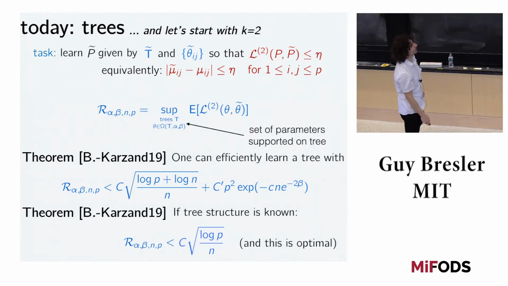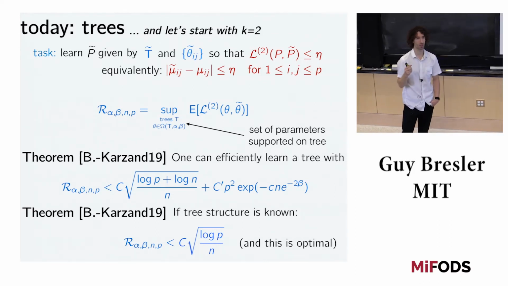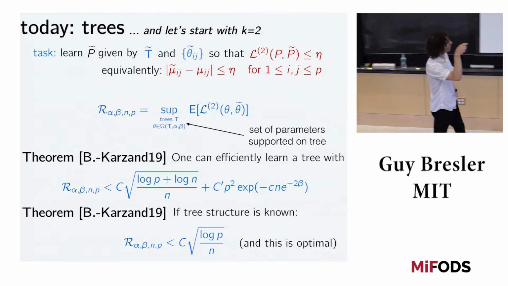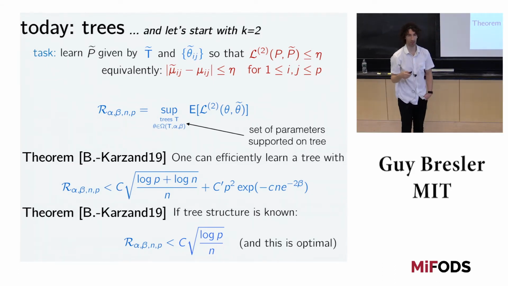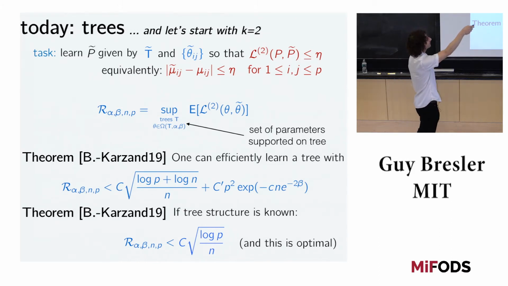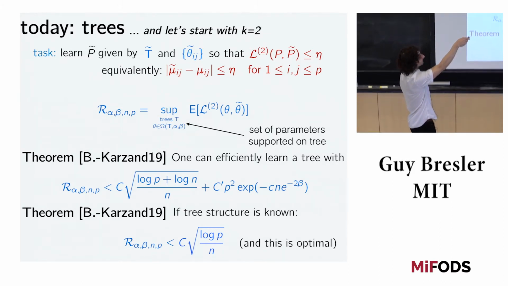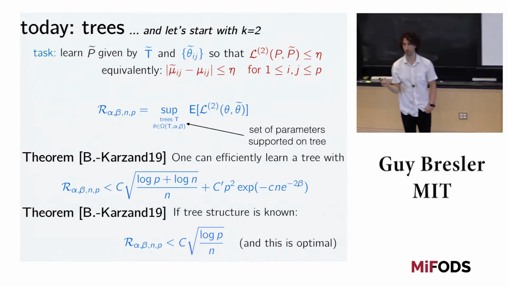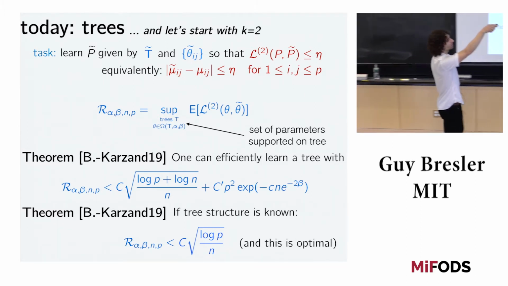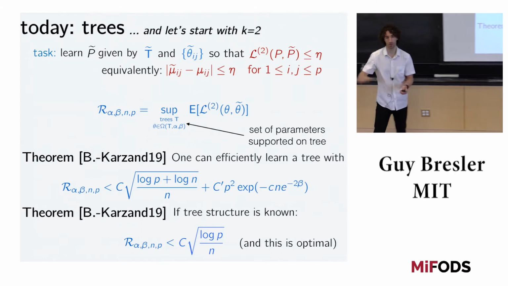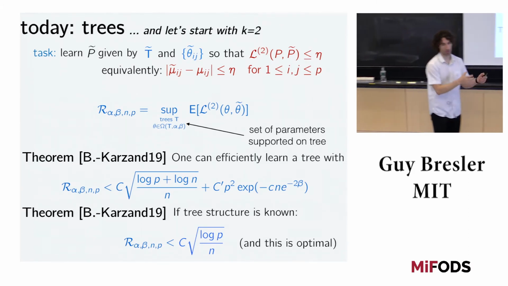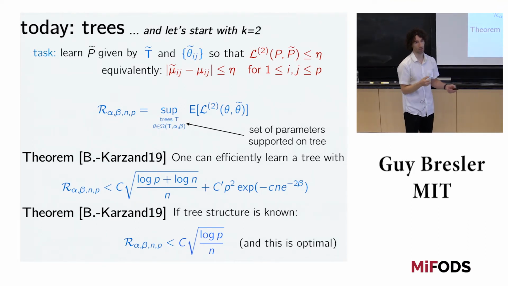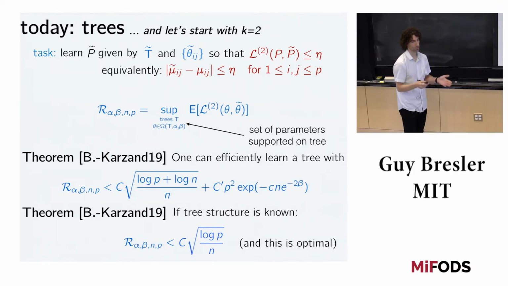In particular, in the zero external field case, so the theta_i parameters are 0, the whole problem of the local total variation of order 2 being within eta can be restated much more simply as asking that the correlations in the estimated model are within eta of the true correlations. Okay, so you observe data from some tree structured Ising model. You have some correlations in your learned model. You want those correlations to be close to the true ones. Simple enough.